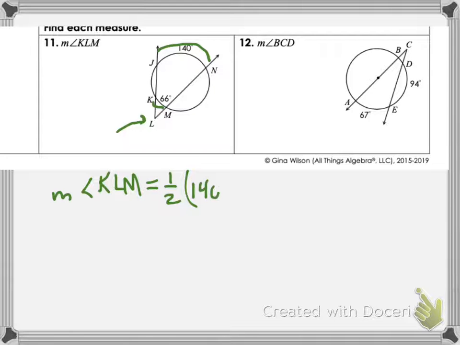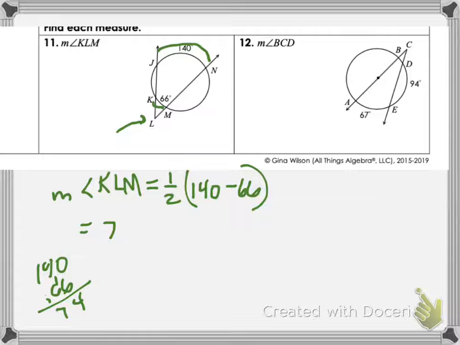So that's 140 minus 66. We'll do the math on that. That's 74. So half of 74 would be 37.